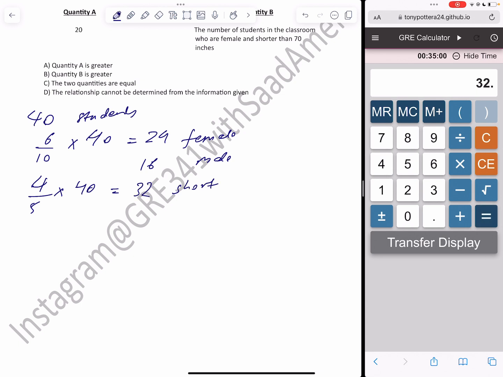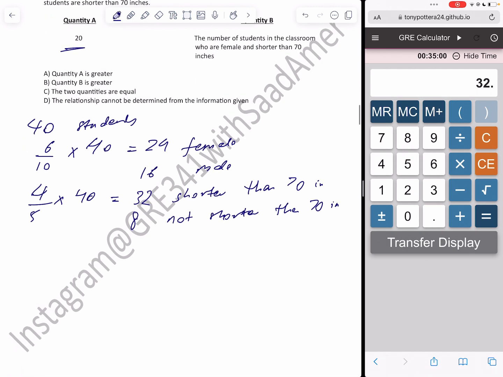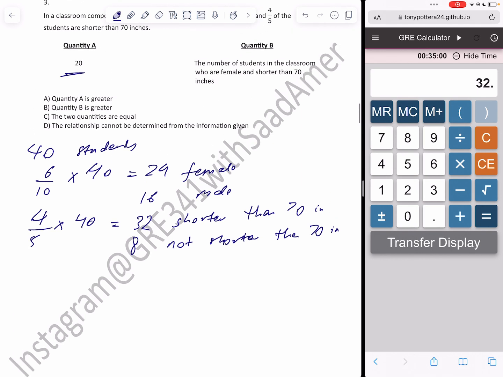32 are shorter than 70 inches and 8 are not shorter than 70 inches. So what are they asking us? Quantity A is 20. Quantity B is the number of students in the classroom who are female and shorter than 70 inches. So both female and shorter.